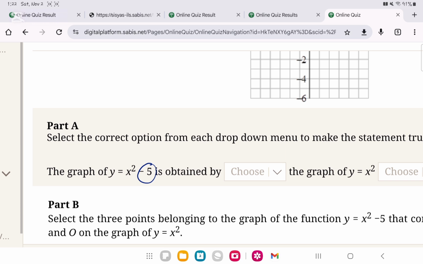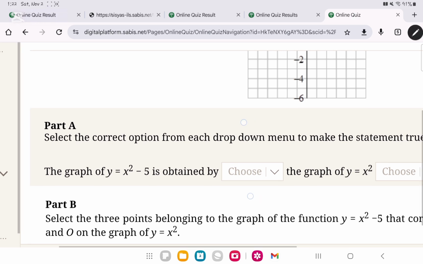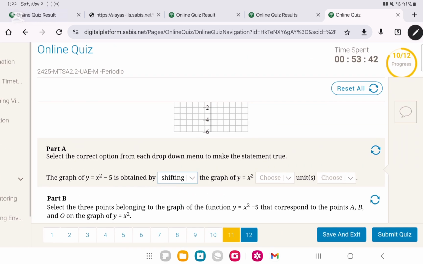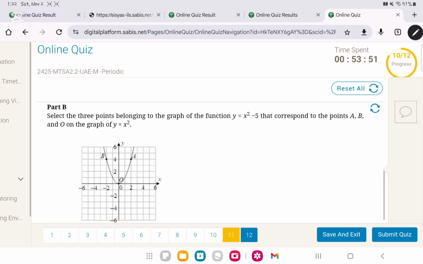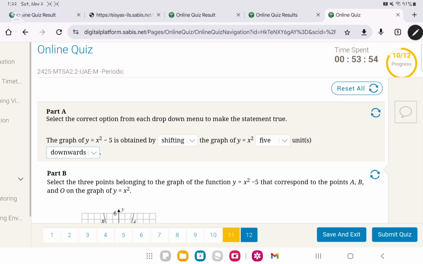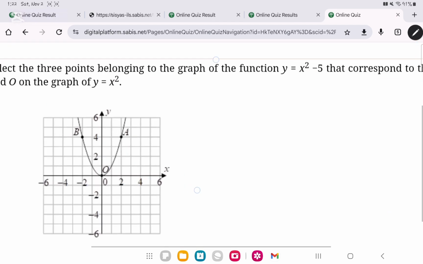If it is positive, it will be shifted upwards. If it's negative, it will be shifted downwards. So this graph is obtained by shifting this 5 units downwards, since it was a negative number. So we proceed down.